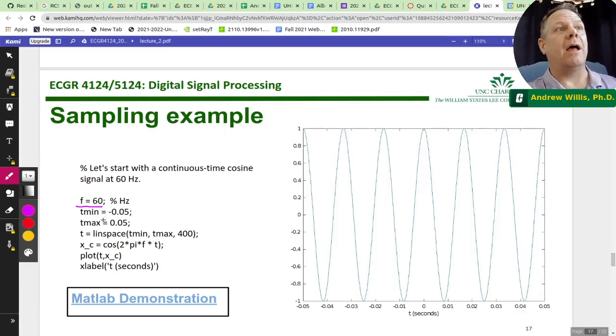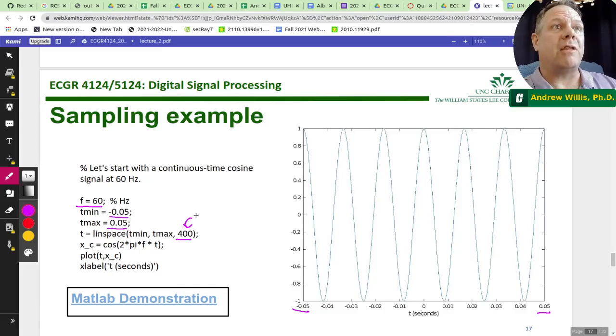I'm going to go from the time min of minus 5 hundredths of a second to time max of positive 5 hundredths of a second. So that's the interval of the time axis from the beginning to the end. And linspace is going to divide up that interval from minus 0.05 to 0.05 into 400 increments.